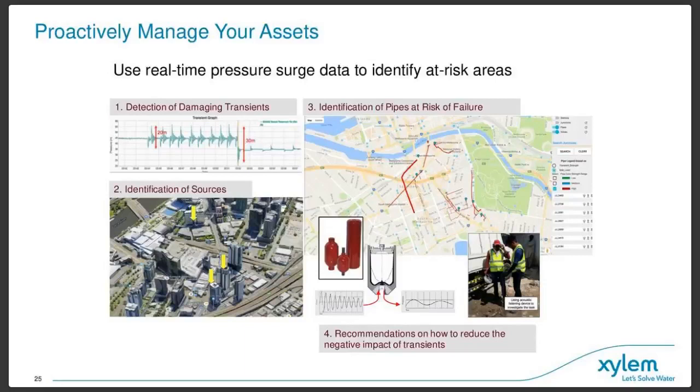The actionable information in these cases is about being proactive and understanding where the events are quickly and with high confidence. But that same data that's being used to understand things in real time can be useful over a longer time period to understand where there may be issues in the network in the future.